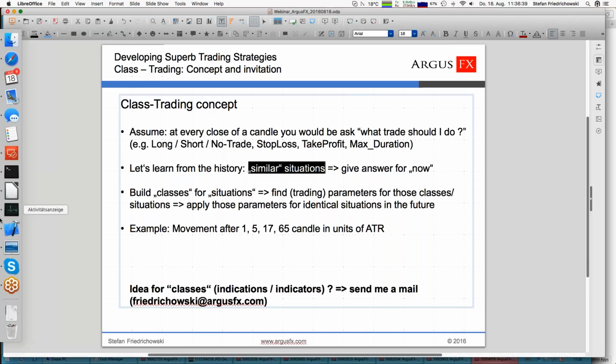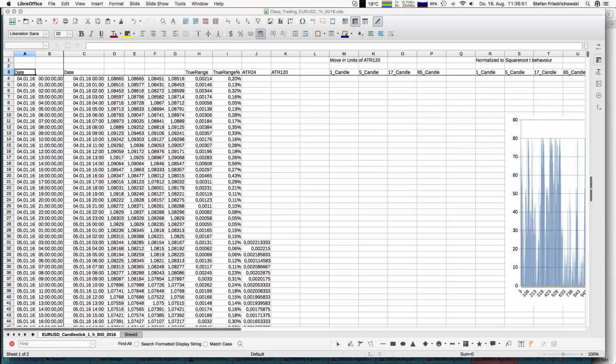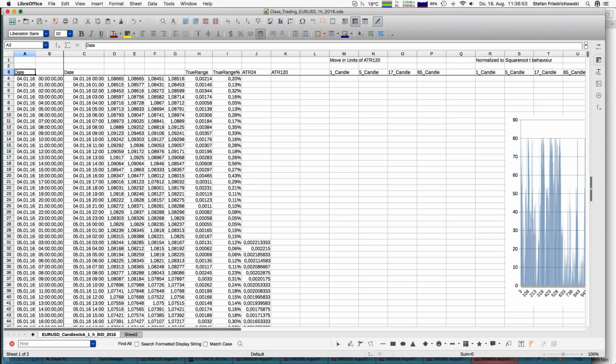Let me show you what that means exactly. Because I mentioned here, I calculate the movement in units of ATR. So I started my Excel sheet simply with the ATR Excel sheet of a few webinars ago, where we simply did our calculation how to get an ATR value out of our historical data.